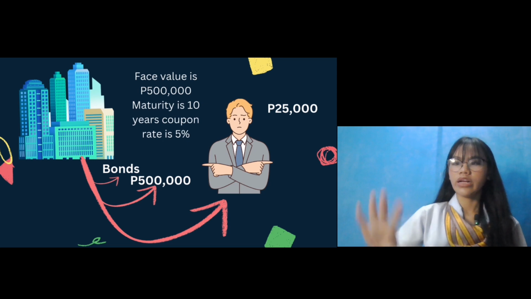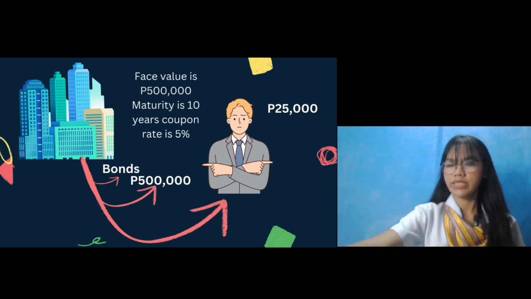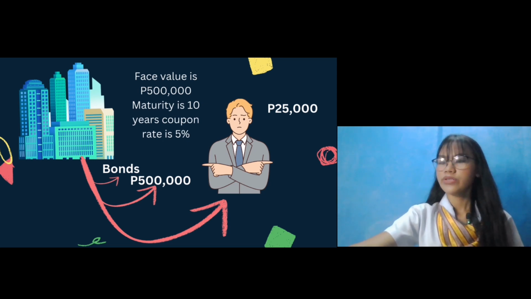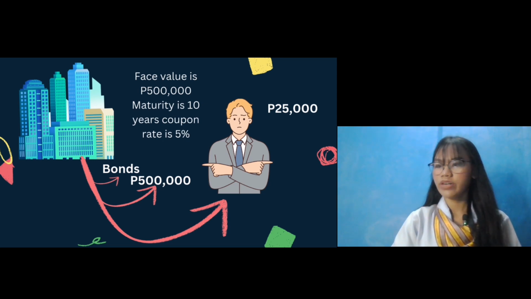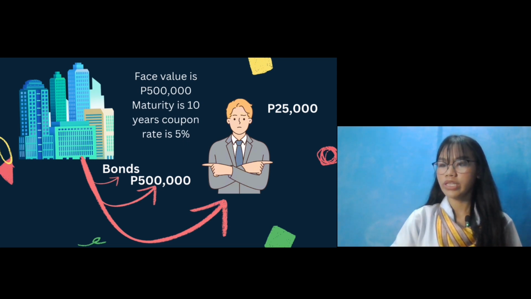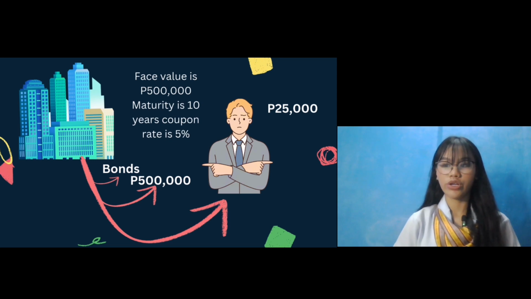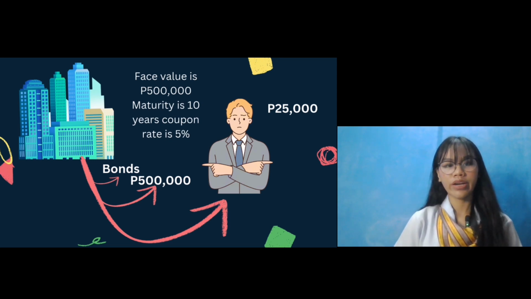The man on the right side is Mr. X. Mr. X, as a bondholder, will be the one lending the money to the company. The face value for this is 500,000, and the maturity date is 10 years, with a coupon rate of 5%. If we convert 5% into a decimal, that would be 0.05.